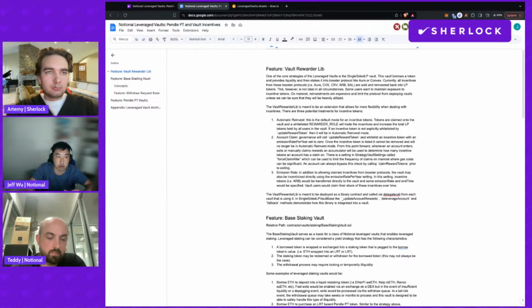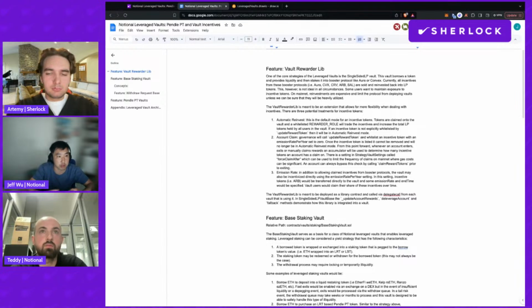But what we found from operating this is that it isn't always ideal. For one, there are gas costs associated with constantly doing these reinvestments, and on mainnet those can be significant. We've also seen that users want to keep those incentive tokens.